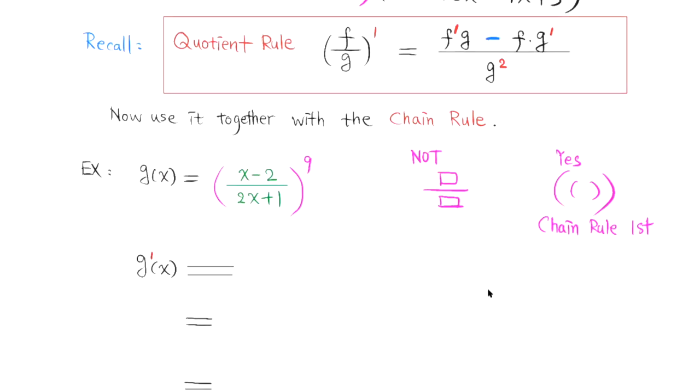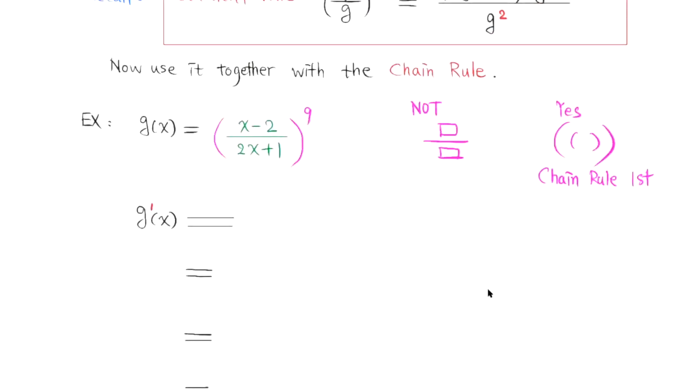Okay. Now we're going to use the chain rule. We got this inside here as the inner function, and then as a single variable u to the 9 power. Now the derivative of the outer function will be what? 9 times whatever inside, and then to the what power? 8th power.